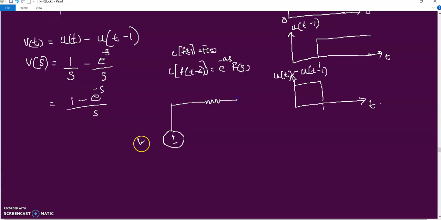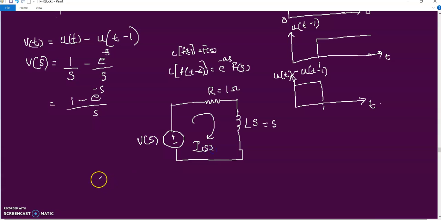Here v(t) will become V(s), R will become R, and for the inductor, there is no initial current, therefore it will remain Ls. R is 1 ohm and L is 1 Henry, that is 1 s, s itself. So now we can go for I(s).